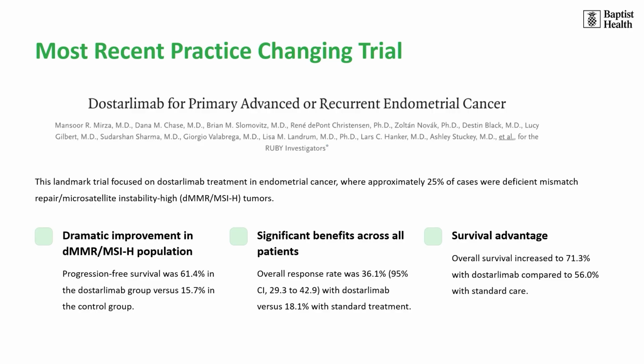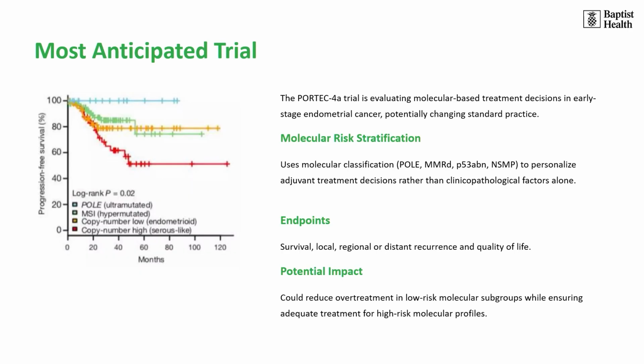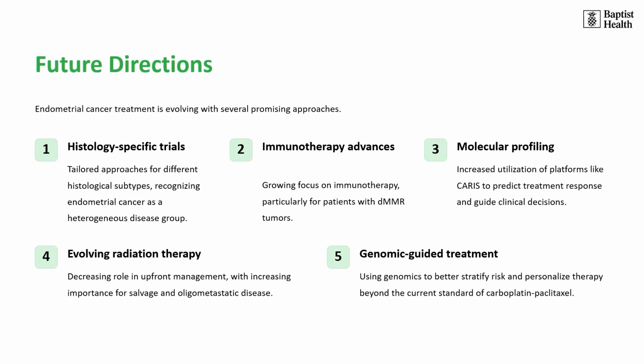The most recent practice-changing trial is looking at adding immunotherapy for these. And the most anticipated one is looking at who would do well with less treatment and who needs more treatment, looking at molecular markers in people. And so those are the future directions, looking at those high-risk histologies.